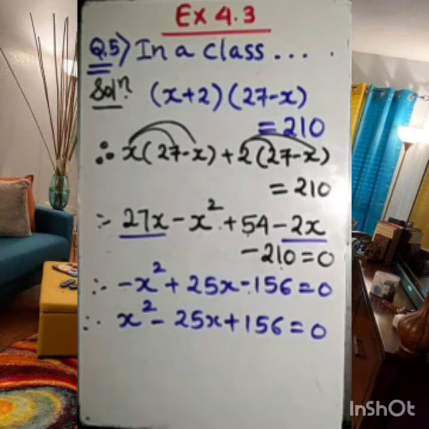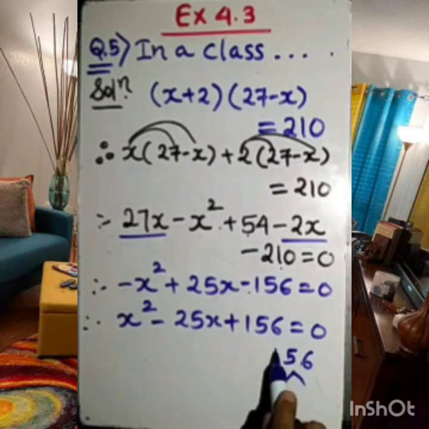Now let's apply the middle term splitting method. We must find the factors of 156 such that their sum should be 25. So let's work out on these factors. Half of 156 is... so here we are choosing these two factors, 13 into 12, that is 156, and both of their signs will be minus.